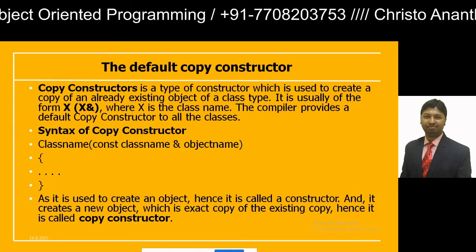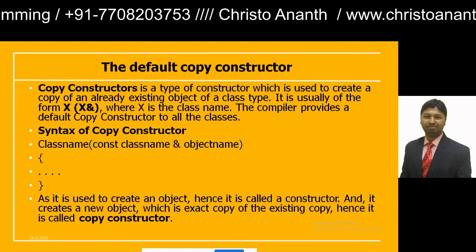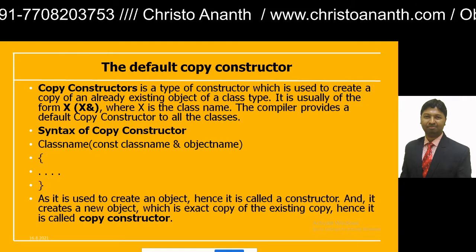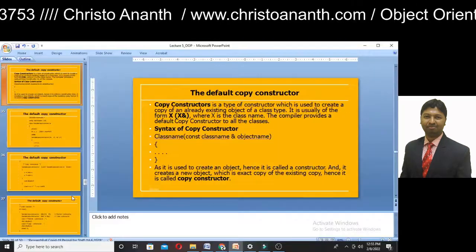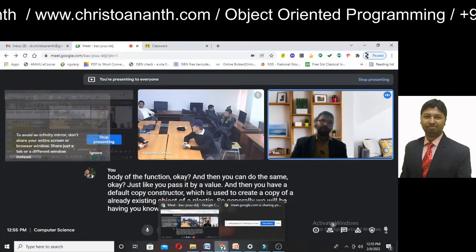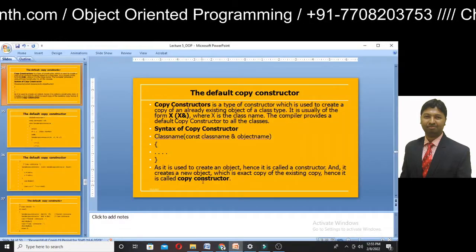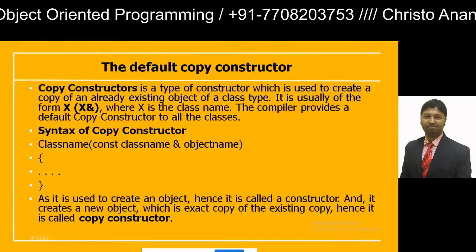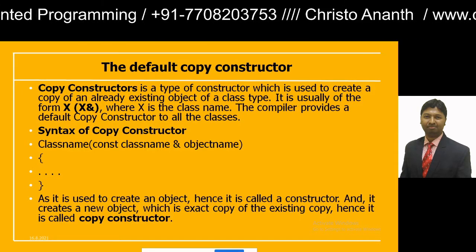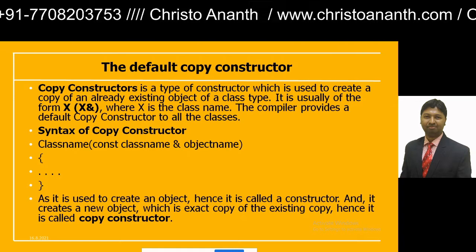Then you have a default copy constructor, which is used to create a copy of an already existing object of a class type. Generally we will have the form x&. You consider x as a class name, and the compiler is going to provide a default copy constructor to all classes.